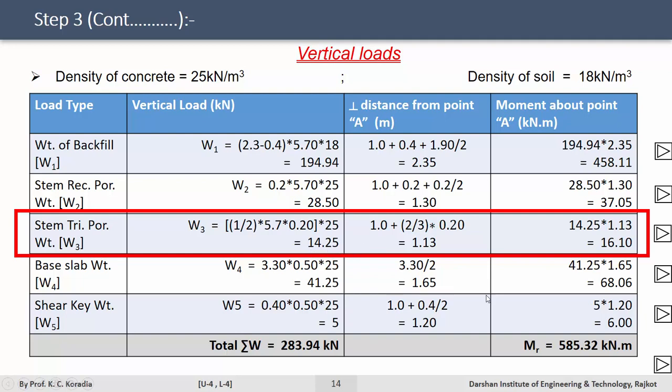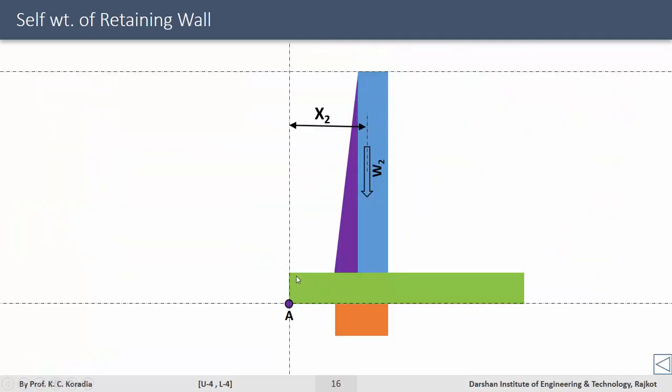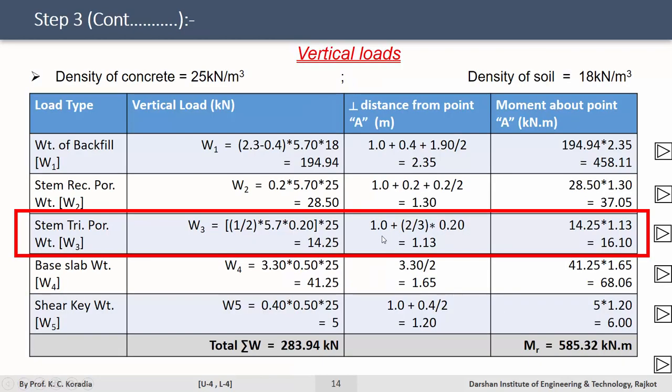Its CG distance will be equal to 1 meter, that is toe width, plus 2/3 of this base width, that is 2/3 of 0.2. 1 plus 2/3 of 0.2 gives 1.13 meter, and multiplication of these two values will give a moment about point A, which will be equal to 16.10 kilonewton meter.